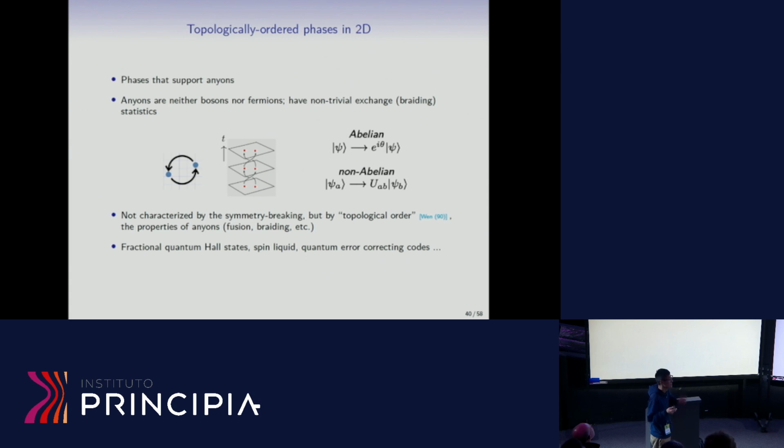I think we heard a lot about topologically ordered phases already, so I don't have to mention any basics, but anyway, these are strongly correlated 2+1D systems where we have interesting anyonic excitations, and they have non-trivial statistics and fusions, encoded or summarized in the topological data.